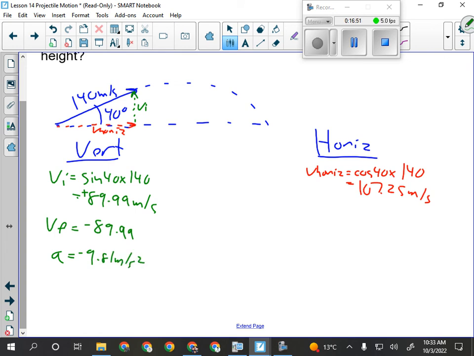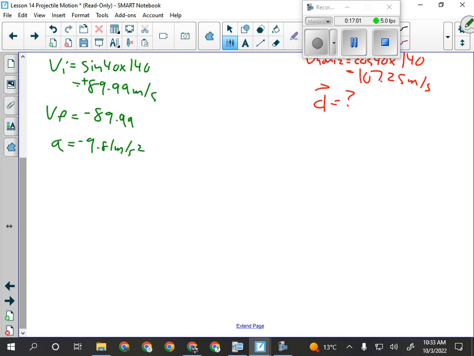So I'm looking for the maximum height and I'm looking for the horizontal displacement. Just like we did with the last one, we can calculate time with our vertical information. So time equals VF minus VI over A, so that'll be negative 89.99 minus 89.99 divided by negative 9.81.